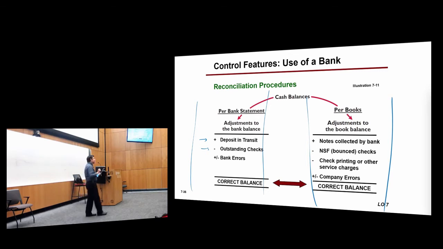Okay? You have to understand that. So those are checks that you deposited, but they bounced. And then you have to also subtract the different charges that the bank charged you over that period. Finally, you correct any errors that you made during that time.